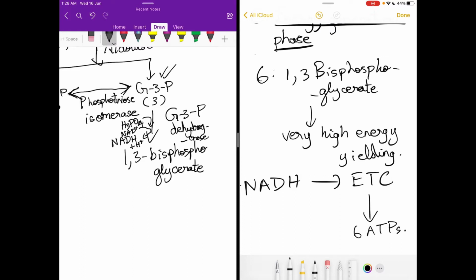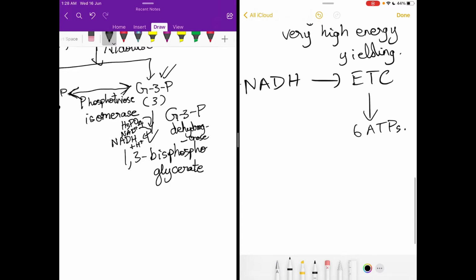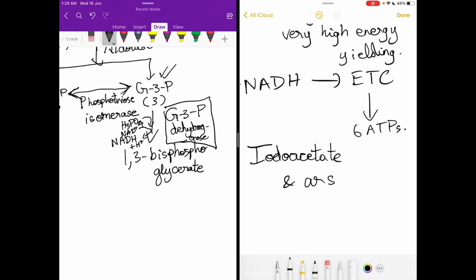And also remember that this reaction, or this particular enzyme G3P dehydrogenase, can be inhibited by iodoacetate and arsenate. So you must have heard about arsenic poisoning. That arsenic poisoning's mode of action is by inhibiting glycolysis only.